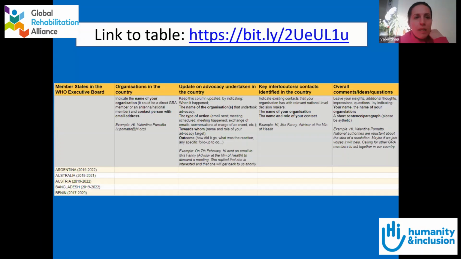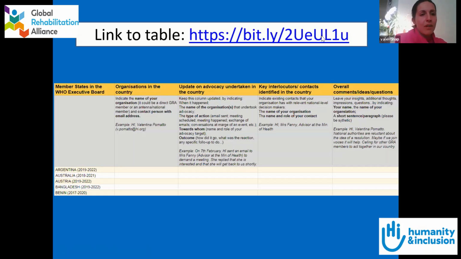So this is the table. The advice that we have is really to keep it up to date, and to have an overview, but also the purpose is to try to understand who is willing to engage in advocacy at the national level to create meaningful connections. So the second column, organizations in the country, would provide an overview of, let's say, in Bangladesh.